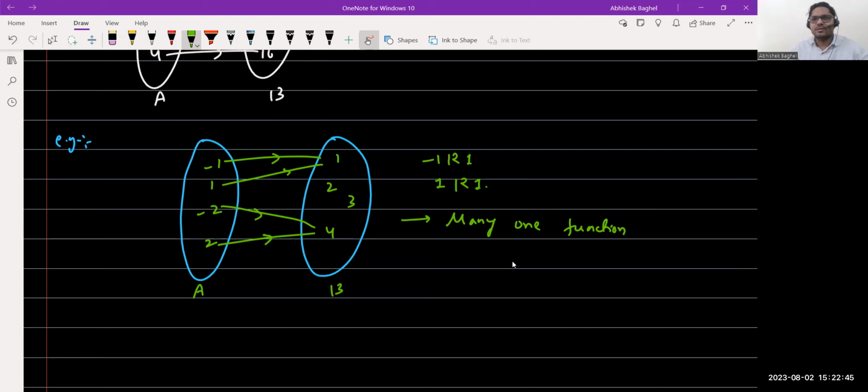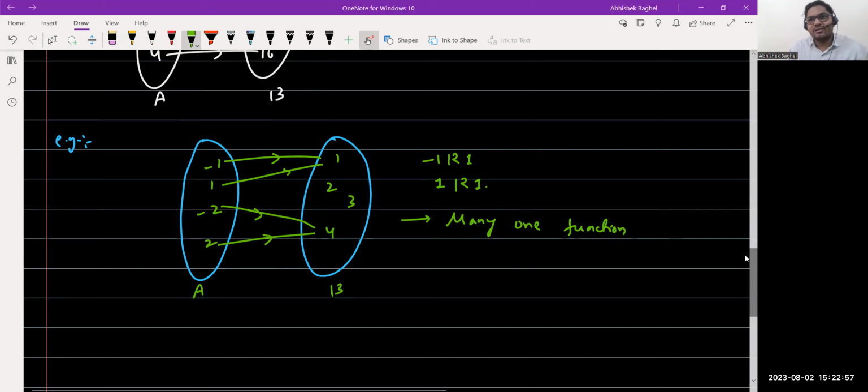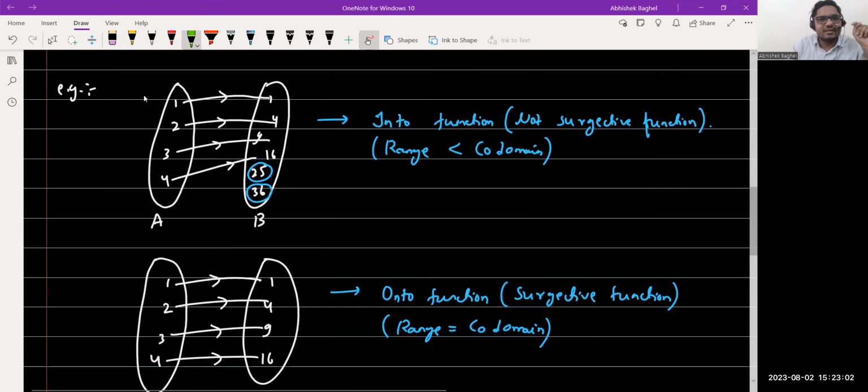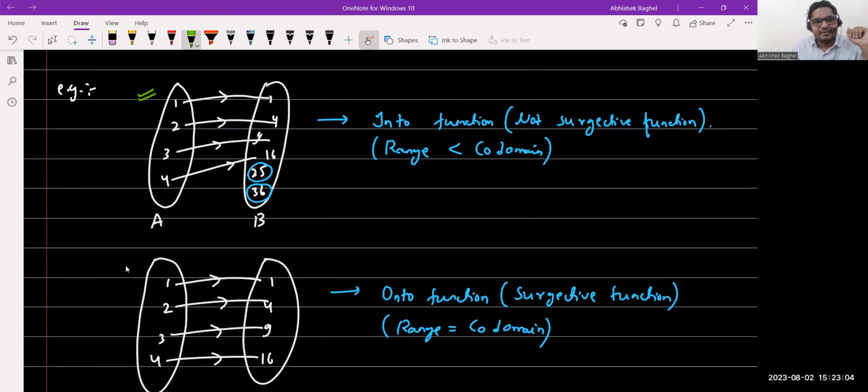If two or more than two elements get related with a single element of set B, we call such functions many-one. And if not, we call them one-one functions. So in example number 1 and example number 2, not a single pair of elements of set A gets the same image.